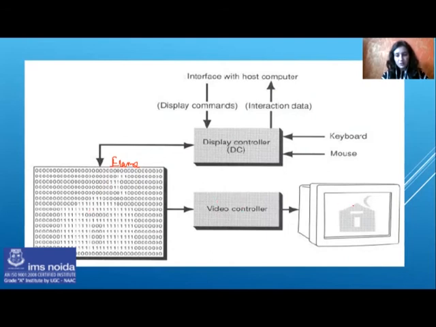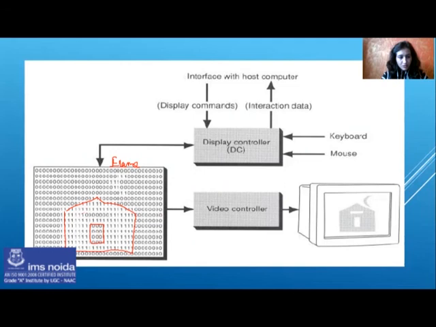Suppose in the monitor screen we want to display a shape like a hut, right? Those pixels which have a value 1 will be displayed, and where the value is 0, it will not be displayed.